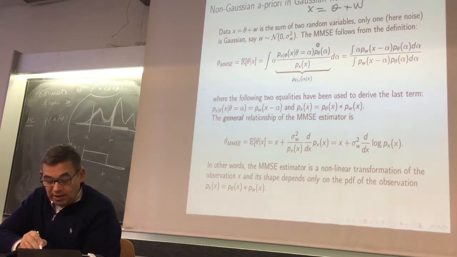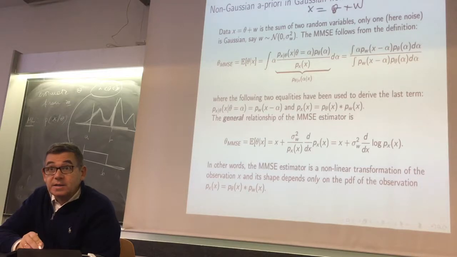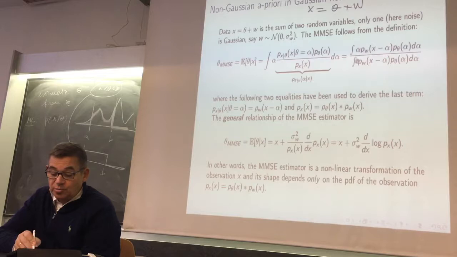So rewriting everything, I write it this way. Now if I look at what is Px, the probability of x: since these two are statistically independent, the probability of x is the probability of theta convolved with the probability of w. So I write this convolution into the denominator here.